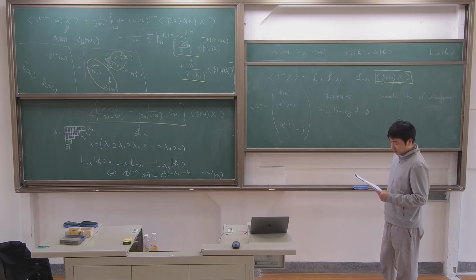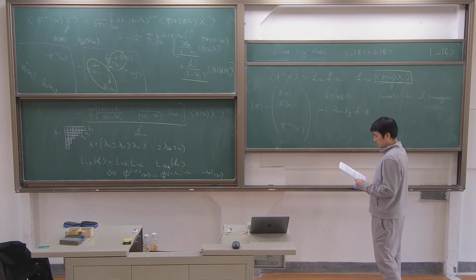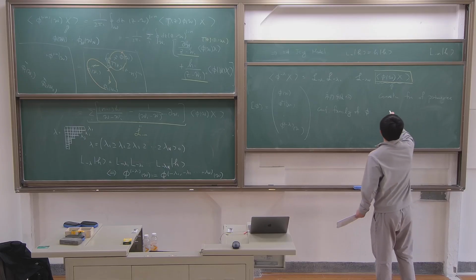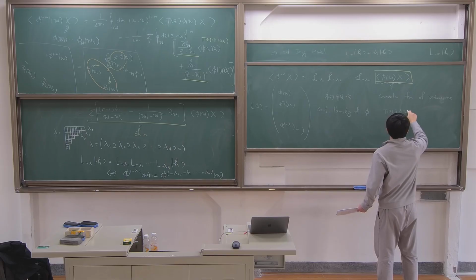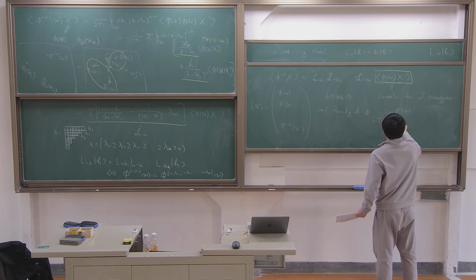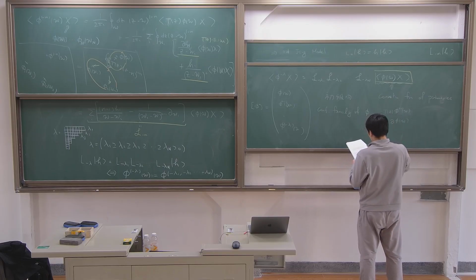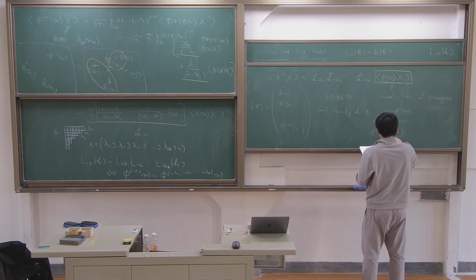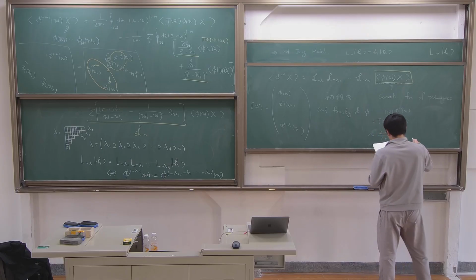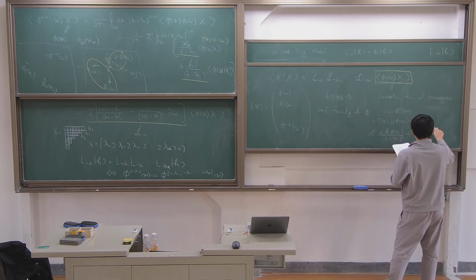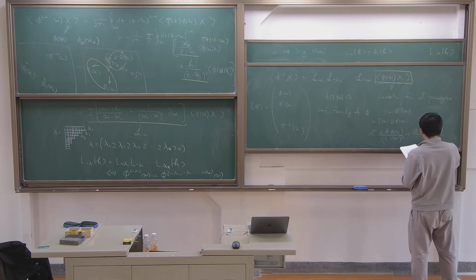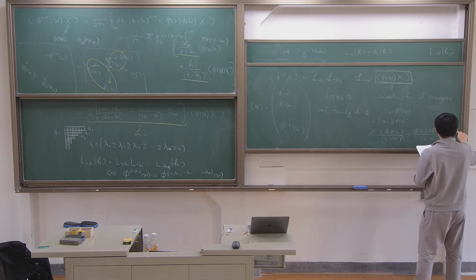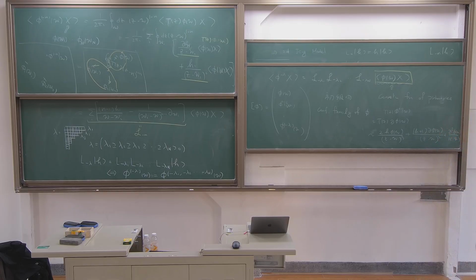And for instance, if we have a primary field and T of T, so this is phi minus 1 of W, and this is the T of T of phi of W, and this is in fact 2 H phi of W. Like this.